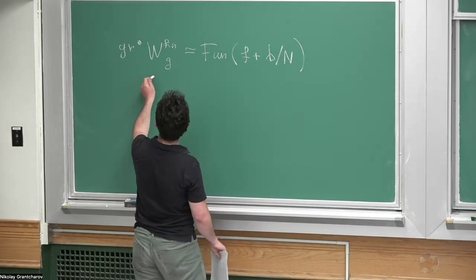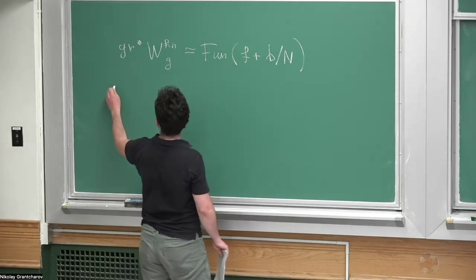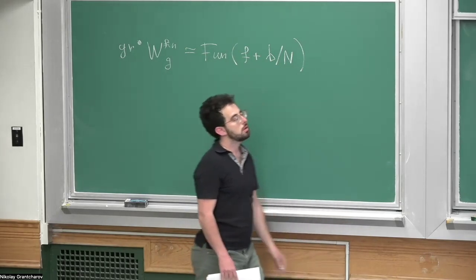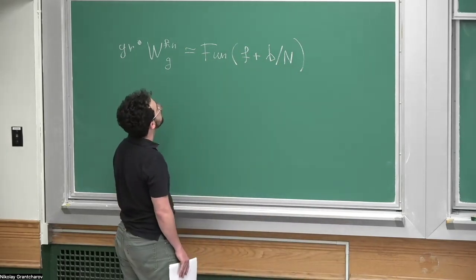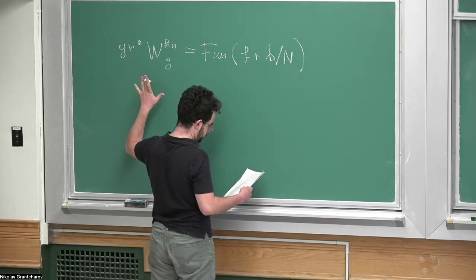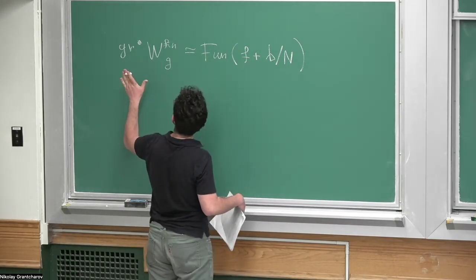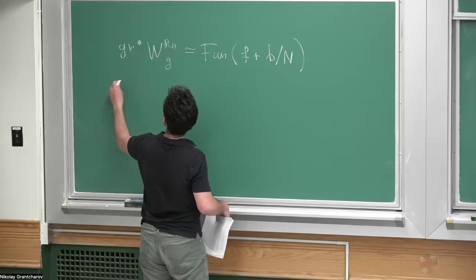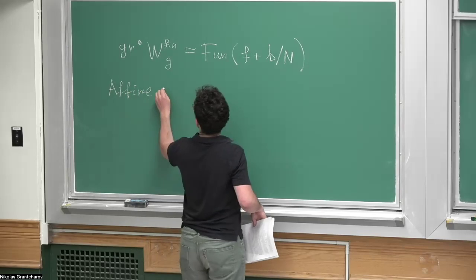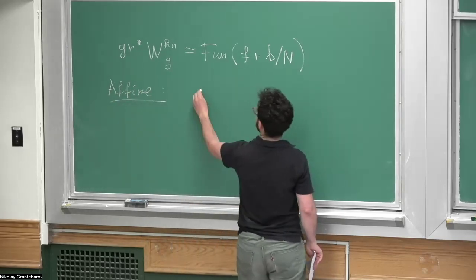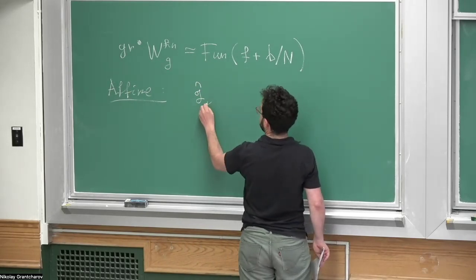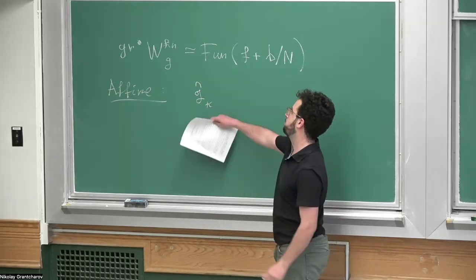Okay, so now we want an affine analog of all of that. In the affine case, we had the algebra for a given level, a number.